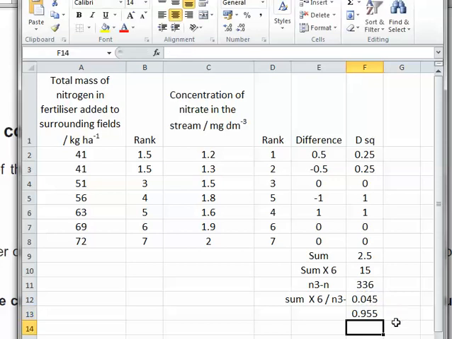Okay. So my RS value in this case is 0.955, and when Tom emailed me, he said that he thought the value should be between -1 and 1. He's absolutely right, and he couldn't understand why his values weren't. Well, you can see if you do this correctly, what I suspect is that you weren't ranking the values correctly, Tom.